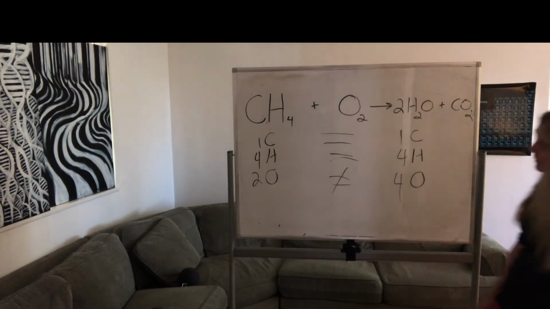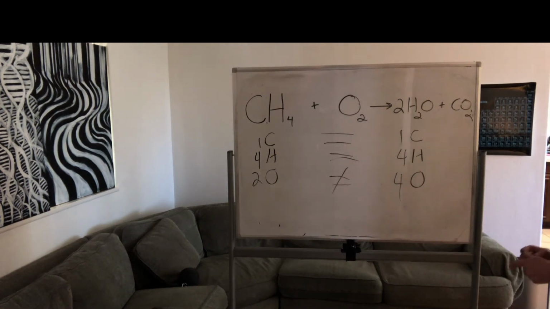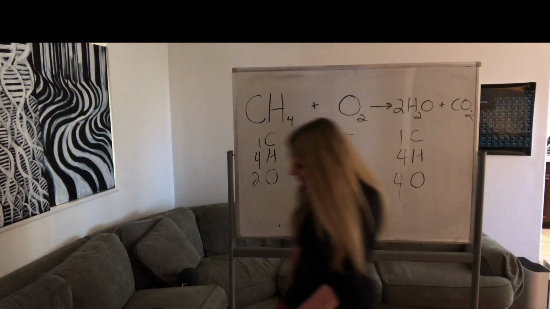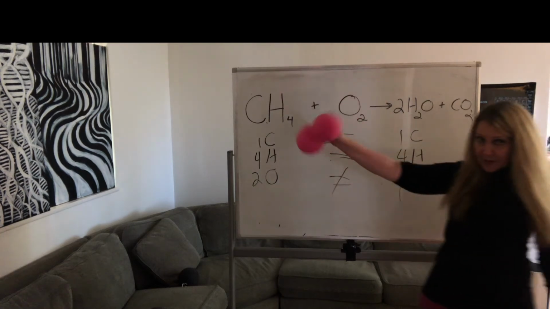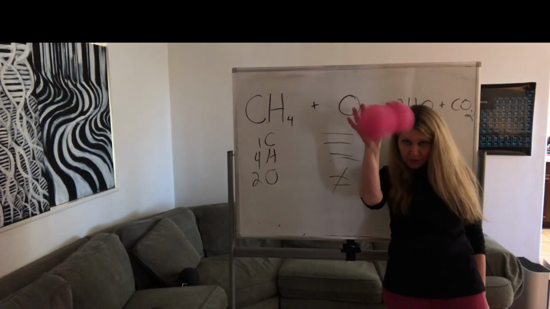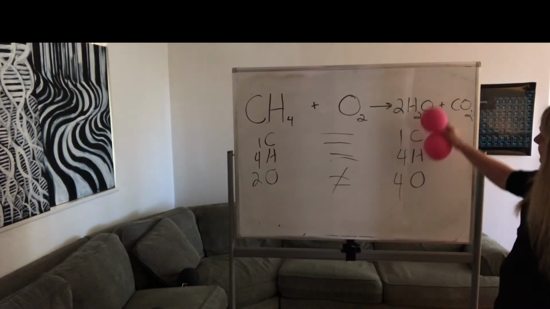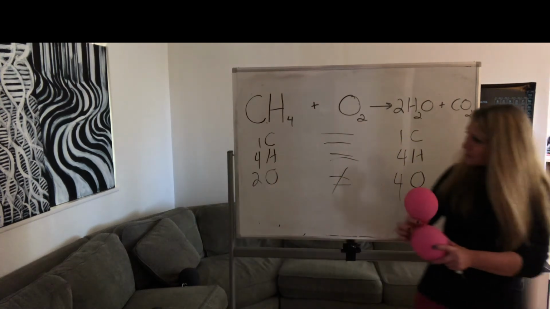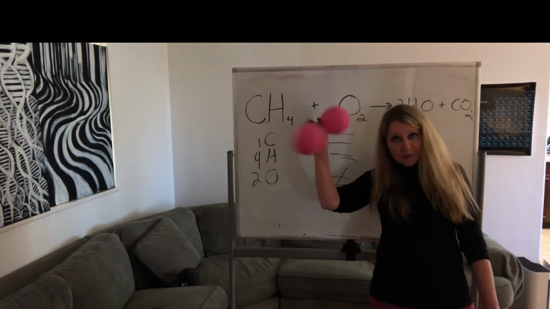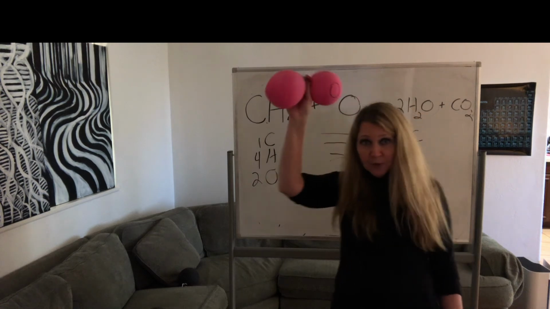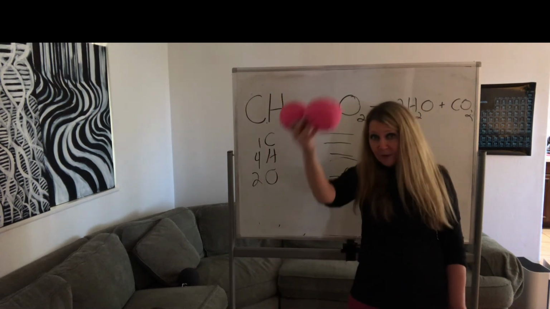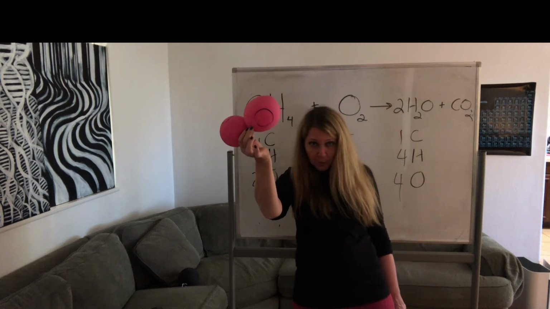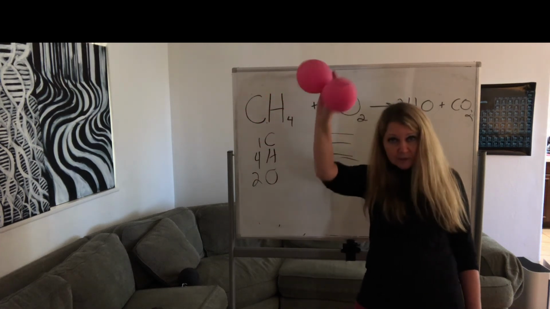They're still not balanced. So now I've got 2 oxygen atoms over here, and the oxygen on the reactant side is in the O2. On this side, I have CO2. I want 4 oxygen atoms. So what should I do to this? This is O2. What do I need to do to this to get 4? Basically double it, right?